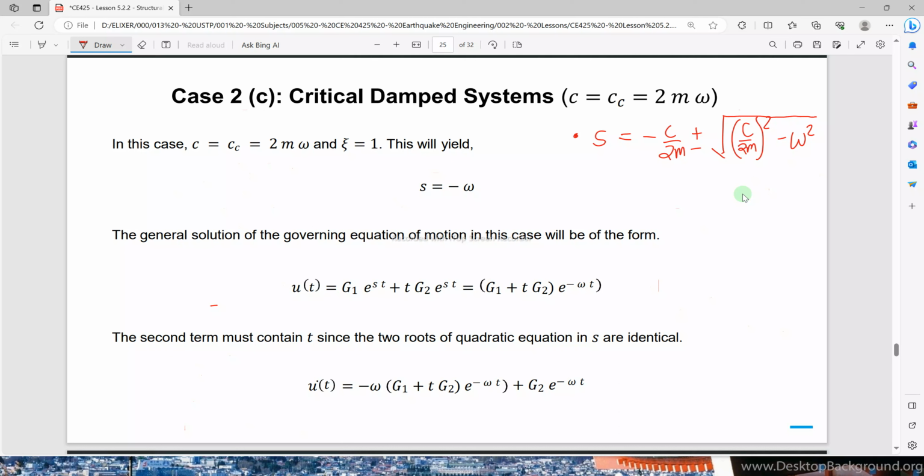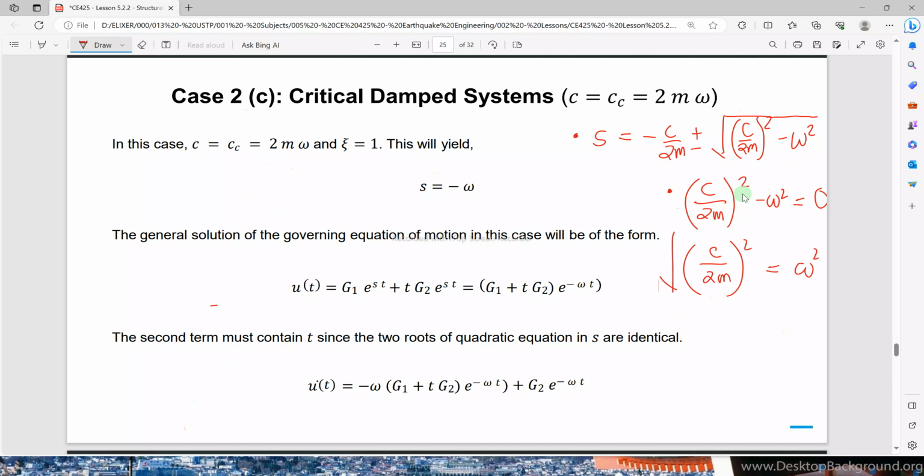Now, in a critically damped system, we have a condition. This is case 2c, when c over 2m squared minus omega squared is equal to 0. And then if we transpose omega squared, we will have this equation.